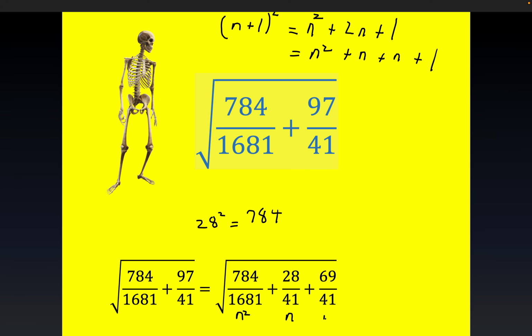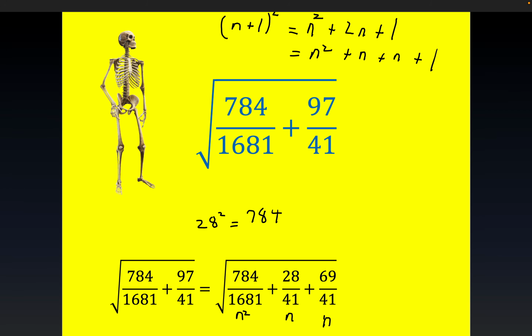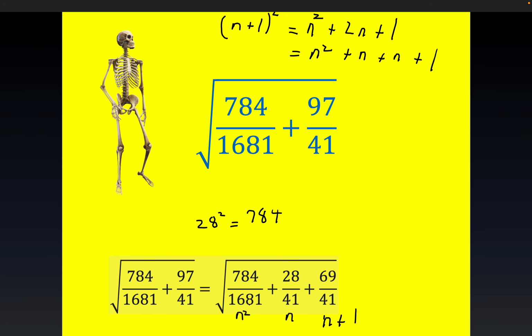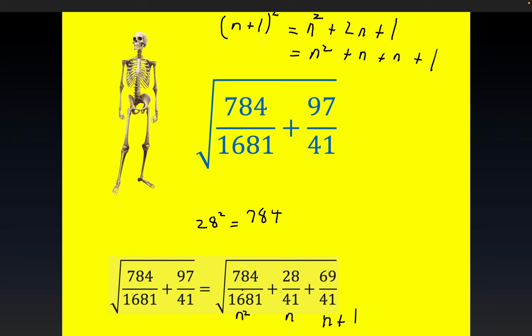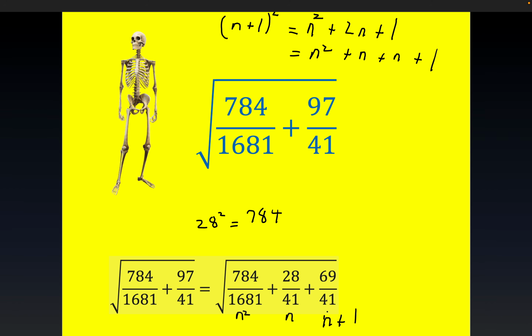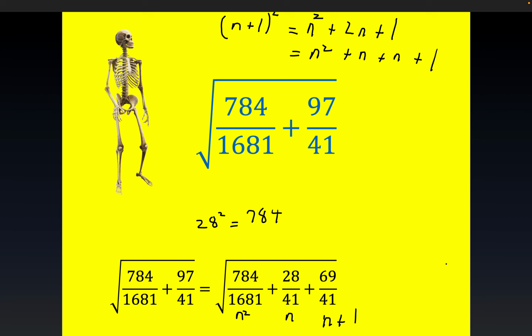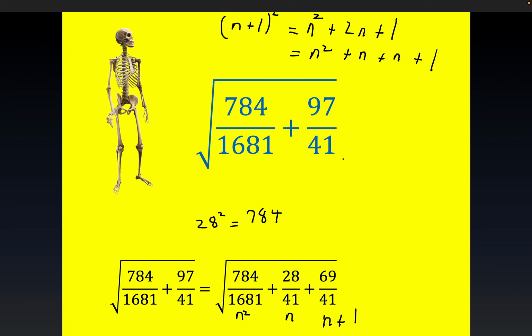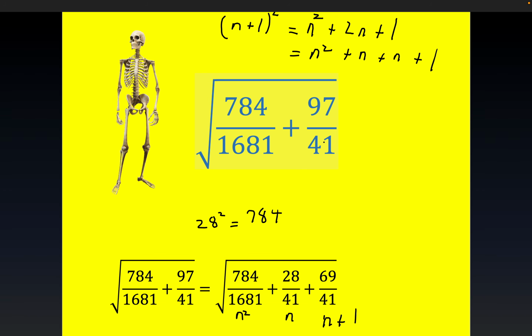Again, that's not too hard to see, right? 41 and 28 is 69. So here's n squared, this part is n, and this piece right here is n plus 1. Now, that's kind of hard to pick up, and it's hard to know to do this. But there's hardly any computation here outside of knowing that 28 squared is 784 and 41 squared is 1681. Up here, you would have a larger computation, okay?